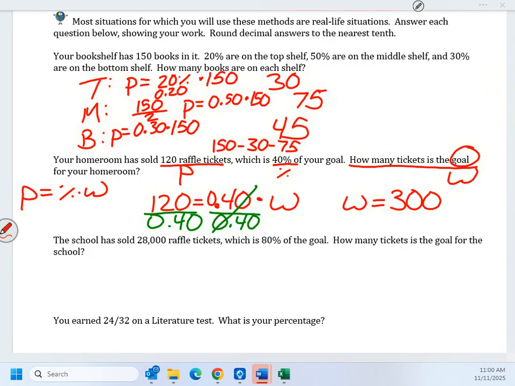Sometimes we put our calculations wrong into our calculator. So earlier Cam was like, oh, wait a minute, I put it in wrong. So if we would have done 0.4 divided by 120, what would we have gotten for an answer? Somebody put that in your calculator. 0.4 divided by 120. AJ?